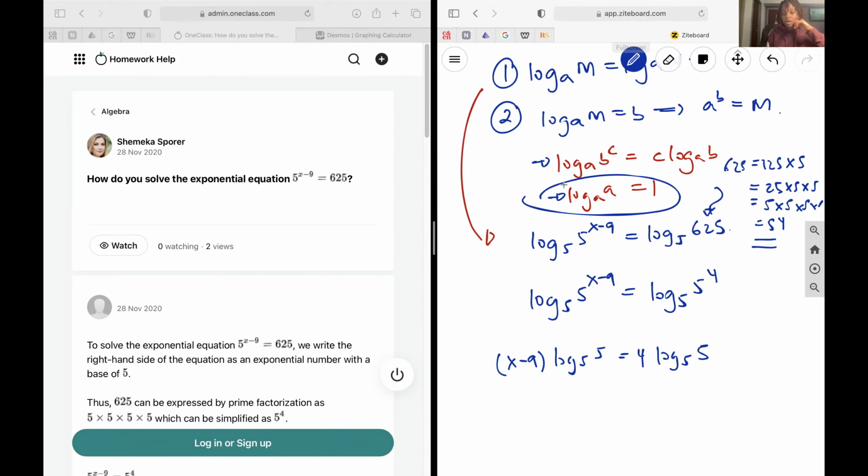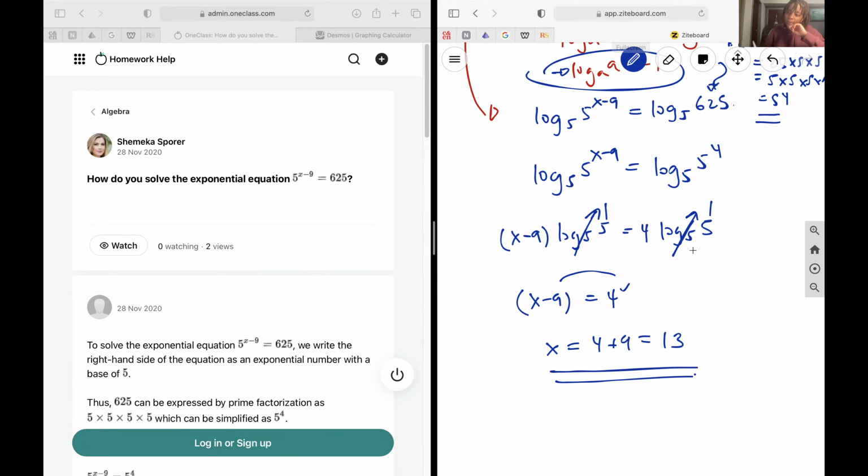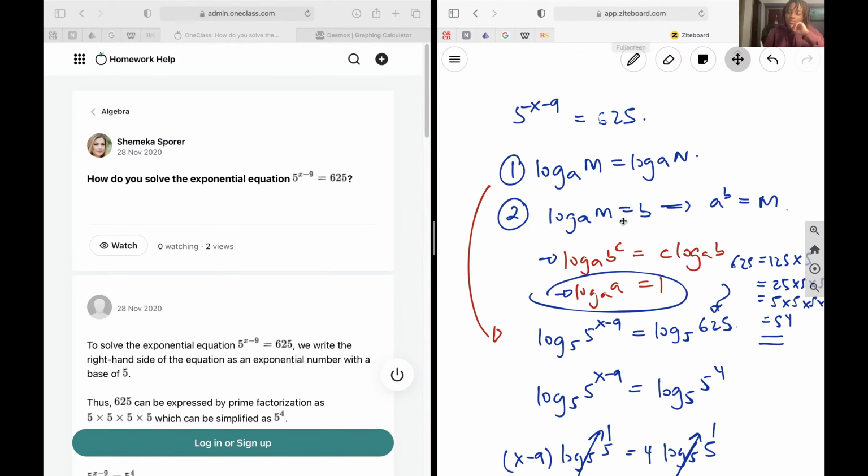And then I'm going to remember log base 5 of 5 is going to be 1. So these two will both be 1. And this will leave me with x minus 9 is equal to 4. Solve for the x, and you get x is equal to 4 plus 9, and that is going to give me 13.